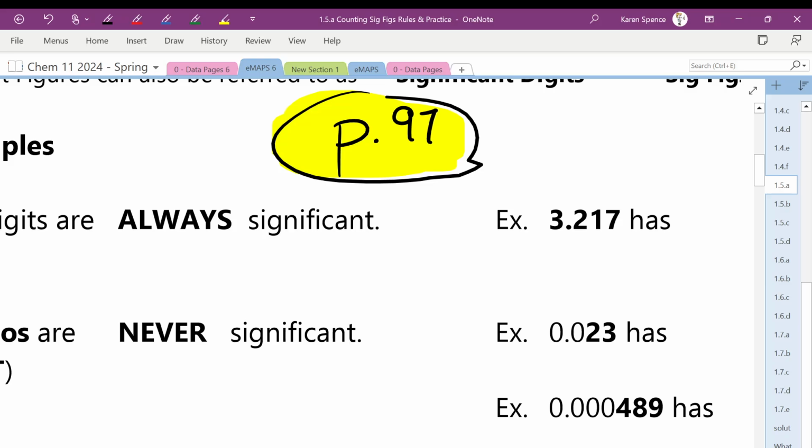You can use your answer key or a book or your hand or something. And we're going to apply these rules here. How many significant figures in 3.217? 4 sig figs. That should be easy because all non-zero digits are always significant.